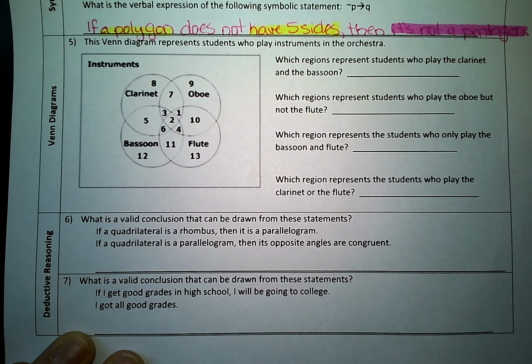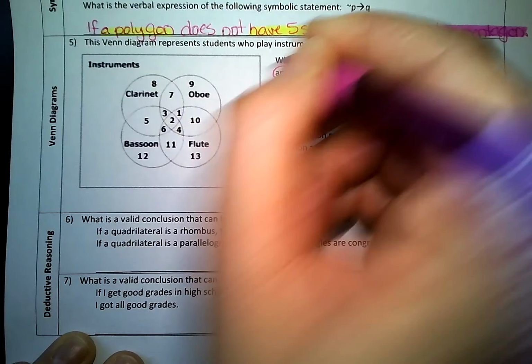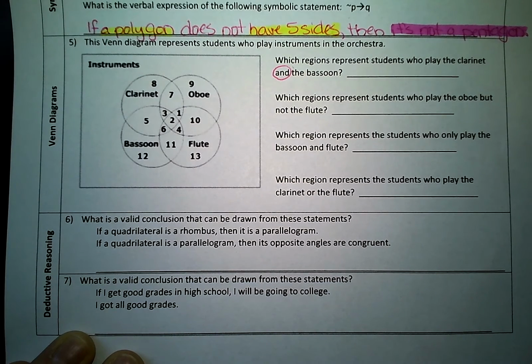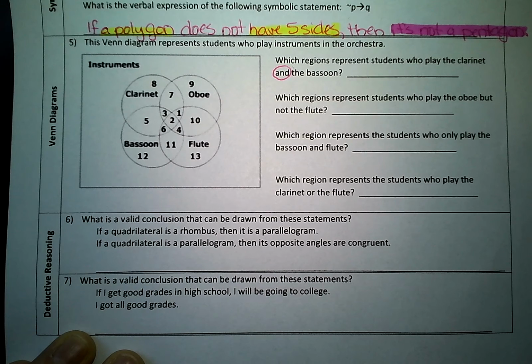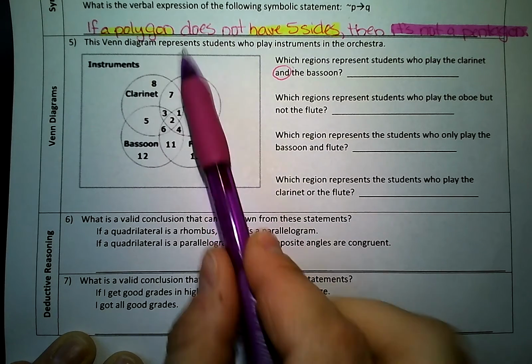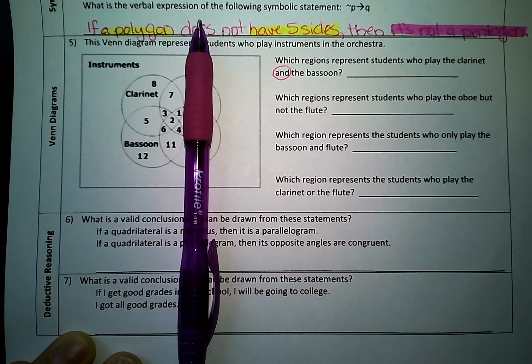First, we're asked, which region represents students who play the clarinet and the bassoon? That word and means we need to find the regions that are overlapping between the clarinet bubble and the bassoon bubble. I'm going to cover up this half of the picture. We don't have any discussion about oboes or flutes.